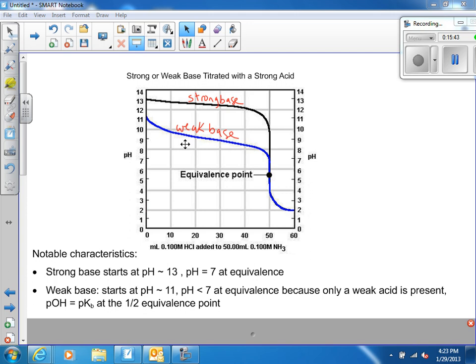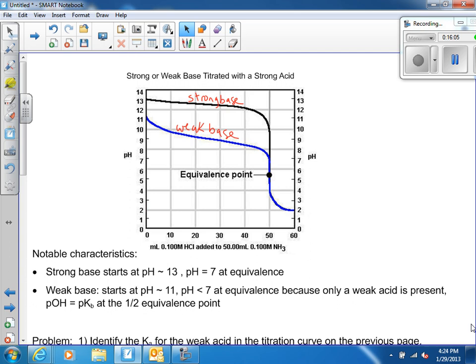So that tells us the pH is 9, but it's the pOH that will be the pKb. So if the pH is 9, the pOH will be 5, right? Has to add up to 14. pOH will be 5. The pKb is 5. The Kb would be 10 to the minus 5 for this titration curve.